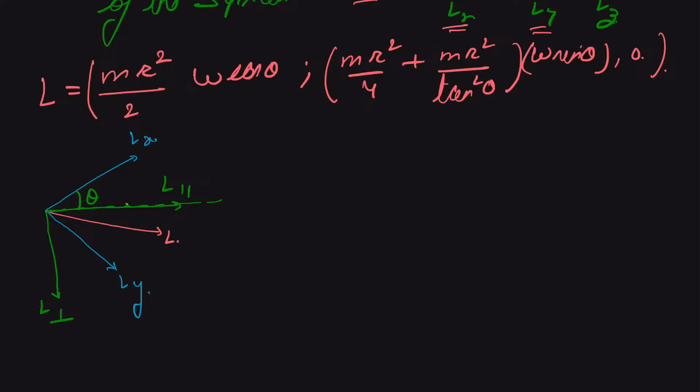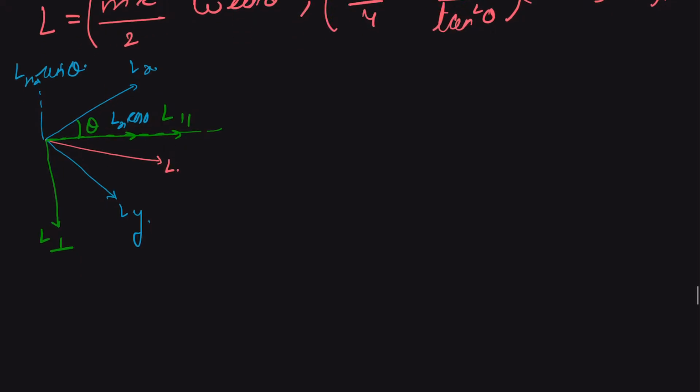So we can say in this direction we are going to have our Lx cos of theta, and this will be over Lx sine of theta. Okay. Similarly, we can write our L of y, and this angle will be theta.